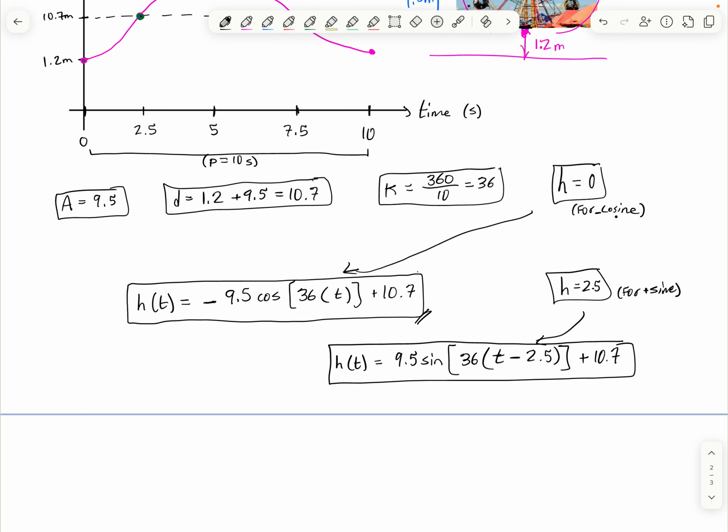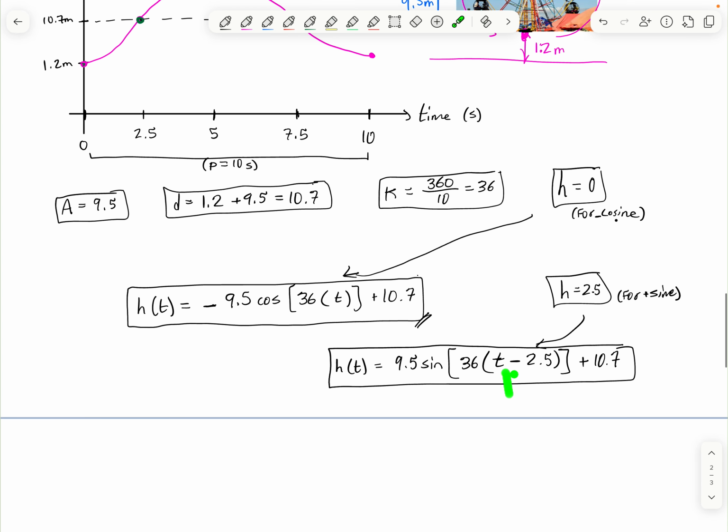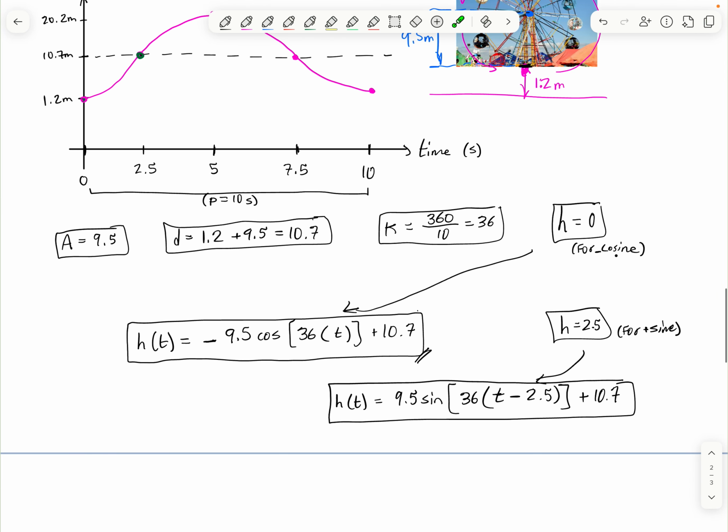So we can always check this by plugging in, let's say, t equals 0. If you do the math at t equals 0, you'd get negative 90 inside. And we know that sine of negative 90 is negative 1. And then that would make this negative 9.5 plus 10.7, which is 1.2.